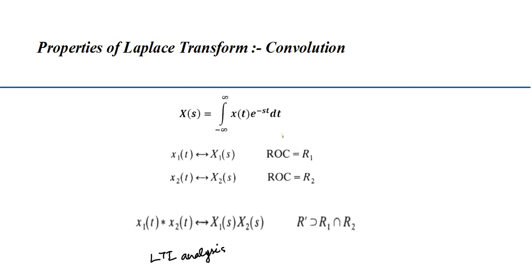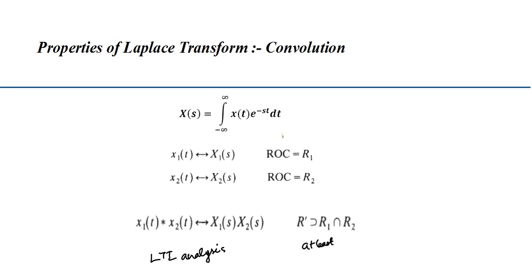About the ROC, it is actually the intersection of R1 and R2. But we can say it is at least the intersection of R1 and R2, because sometimes a pole-zero cancellation occurs. At that time the ROC will be greater than R1 intersection R2.